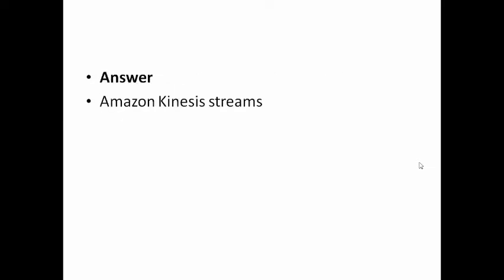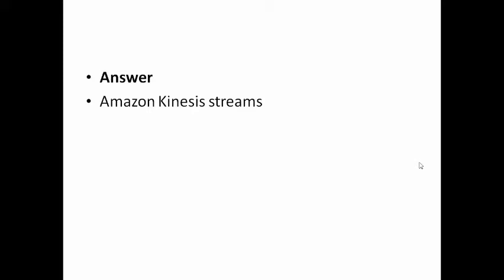So we can use Amazon Kinesis streams. So mainly these Kinesis data streams enable us to do real-time processing. So we can stream the big data, and this service also provides us with ordering of the records as well as the ability to read and replay records in the same order to other multiple Kinesis applications.